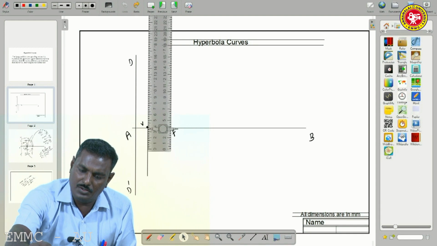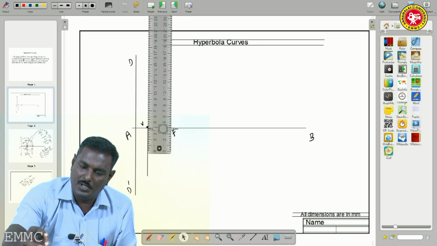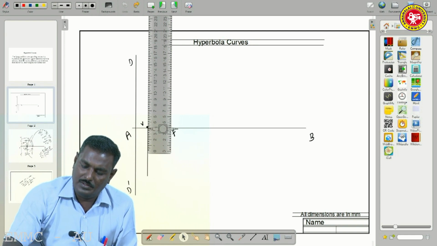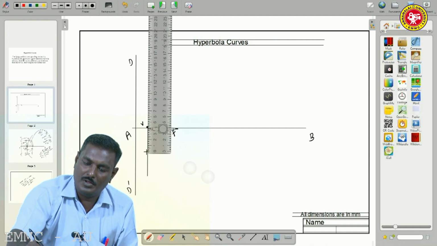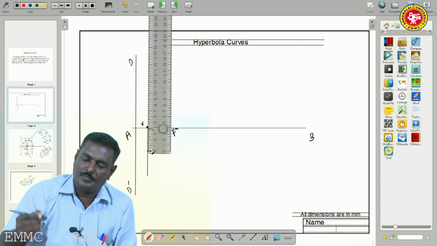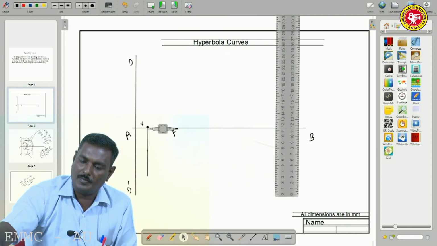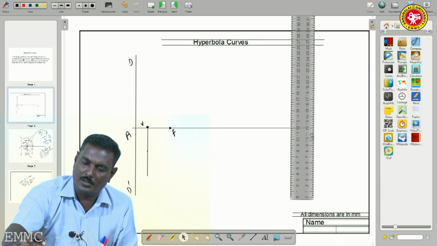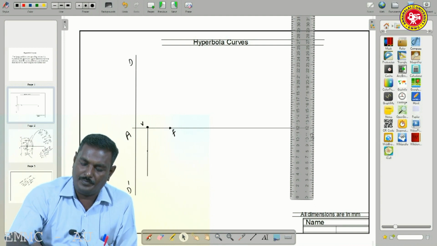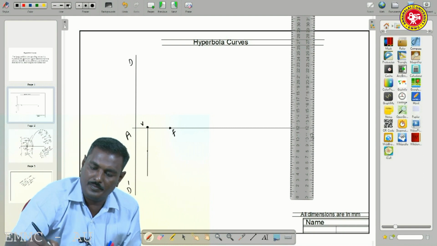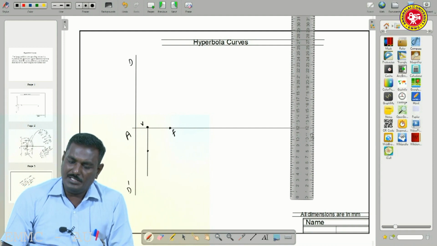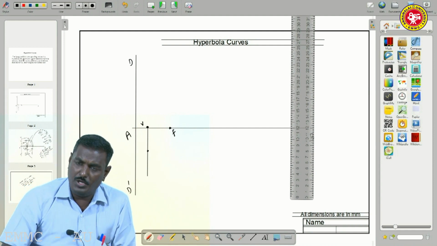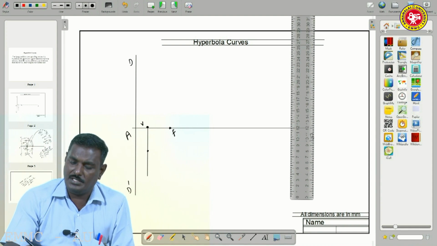So 4 centimeters we have to mark here, at this point. That is 40 mm. After marking, we name it E. That lettering point is E.